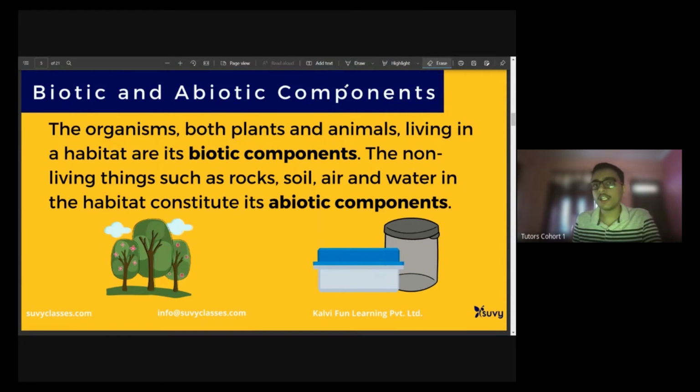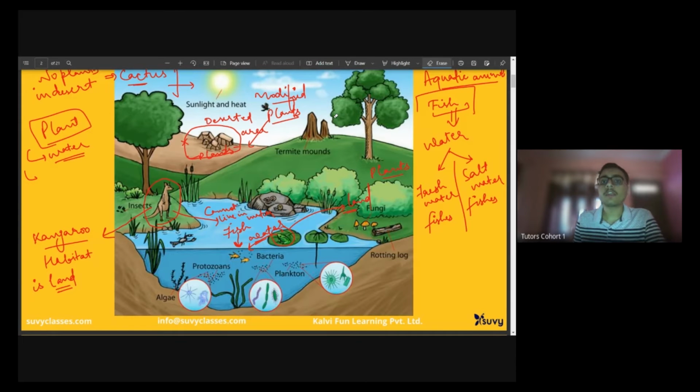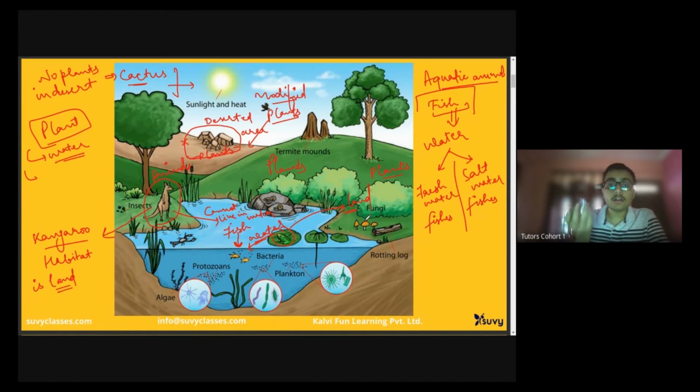Now comes a new term. Like I was discussing, we talked about animals, plants, and aquatic animals. There are also microorganisms and small microscopic organisms like fungi. We have planktons, we have bacteria. There are many other categories.